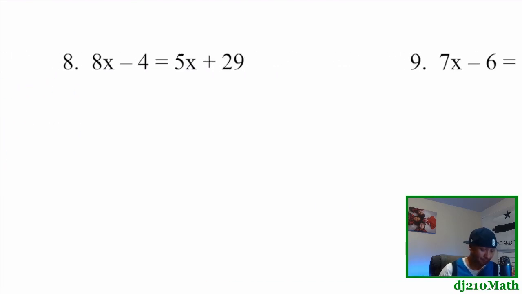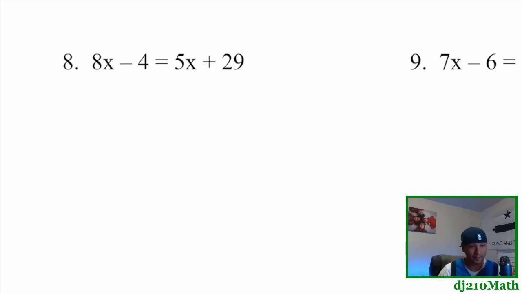All right, number 8. So again, x's go one way and numbers go the other. So you always want to move it in such a way that your x is positive, right? In most cases. So I could either subtract 8 or I could subtract 5 from both sides. You got to think, if I subtract 8 from both sides, 5 minus 8 is negative 3.